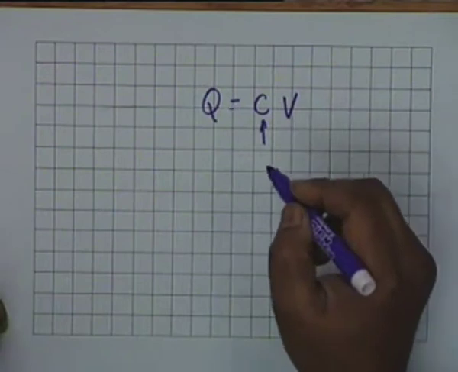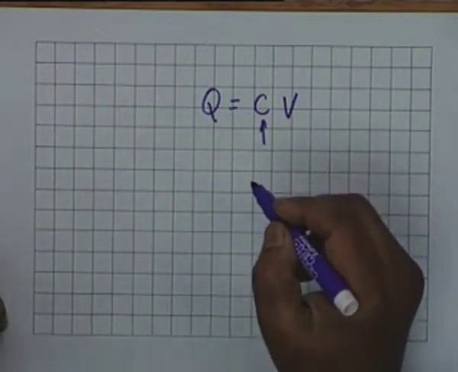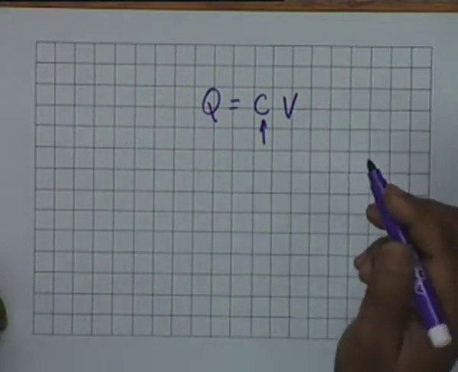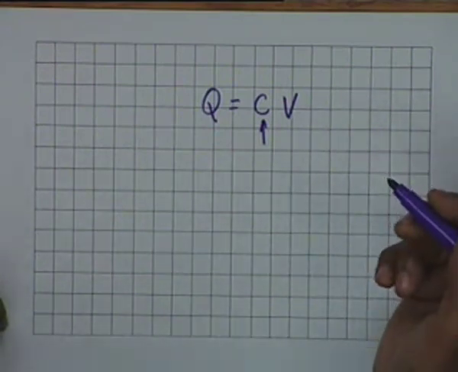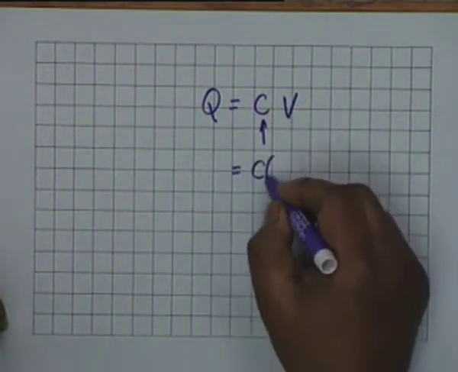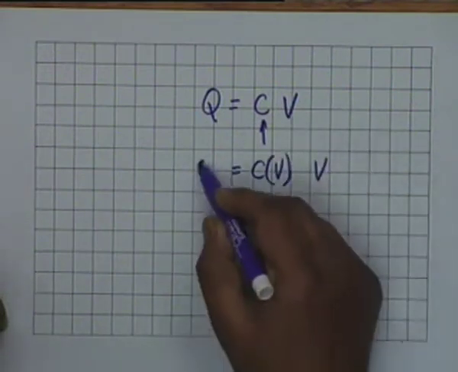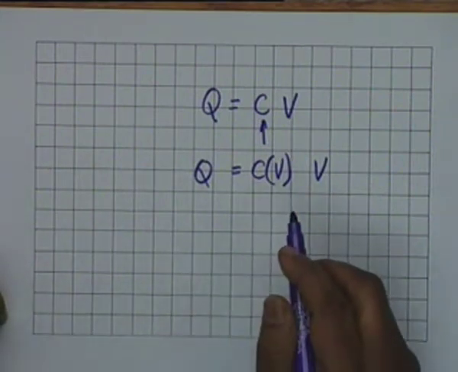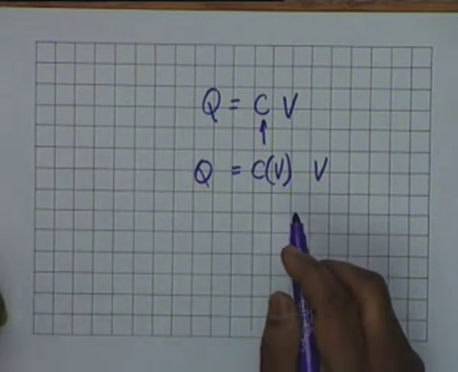C should be a constant, independent of voltage. You will see semiconductor devices later in which the capacitance is a function of V. If the capacitance is a function of V, then obviously the Q versus V plot shall no longer be a straight line, and therefore it becomes a non-linear capacitor.